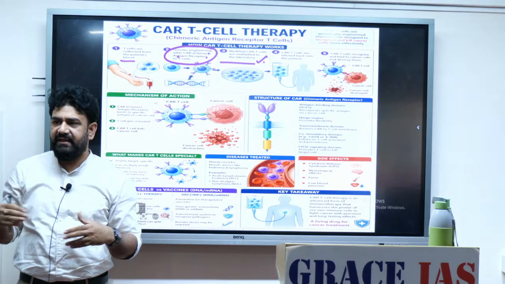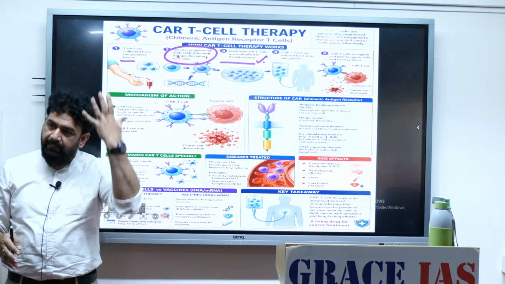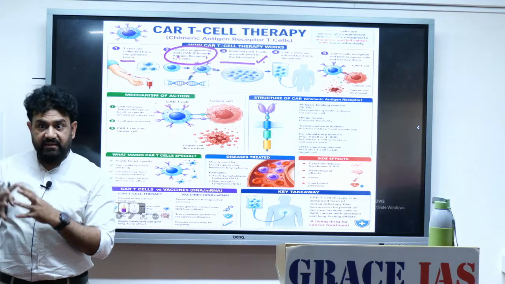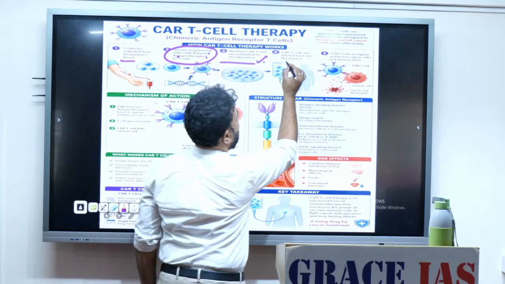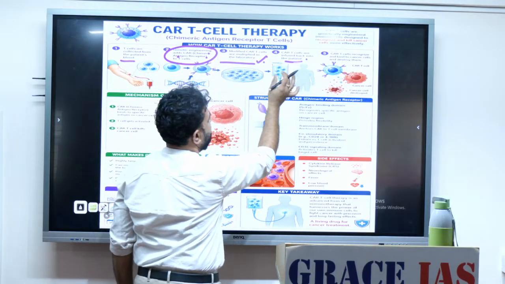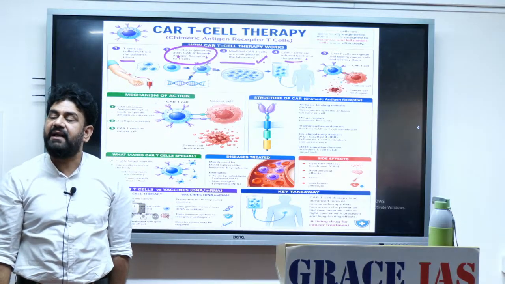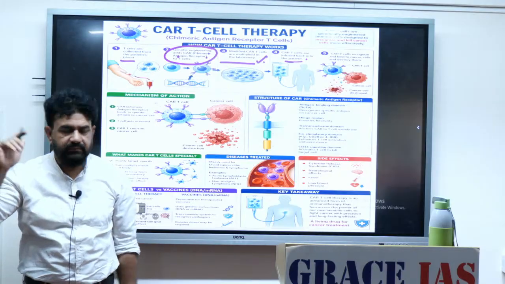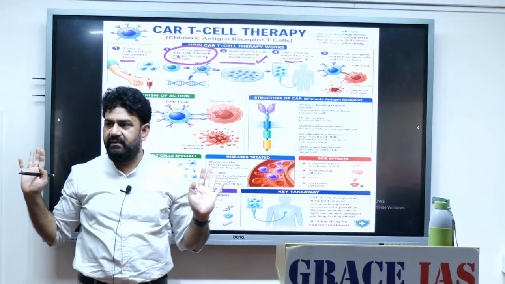More is better in this case, because cancer usually affects many parts of the body. Then you need many T cells, hence multiply, and supply them back to the patient. These modified T cells are CAR T cells. CAR means what? Chimeric antigen receptor. Modified T cells are injected back into the person.